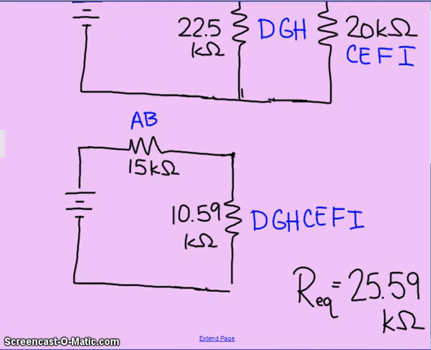So the current traveling through each of these is 7.816 times 10 to the negative fourth amps. In the past, some students have found it advantageous to arrange the current and voltage for these combination resistors in a chart as well. And you may choose to do that. That is perfectly fine.